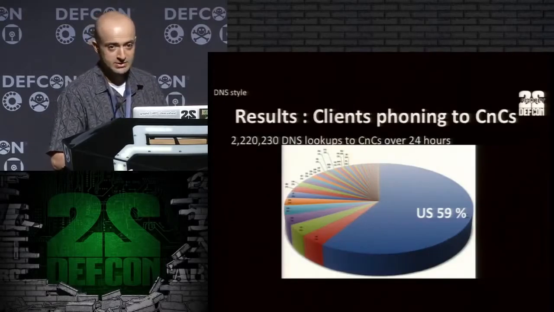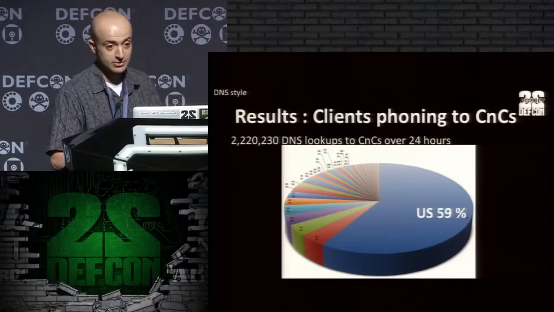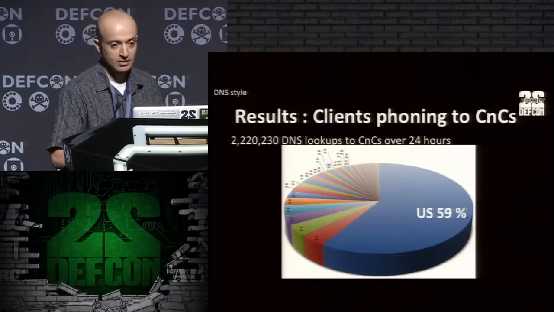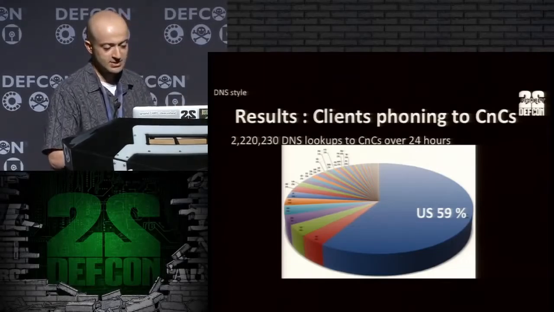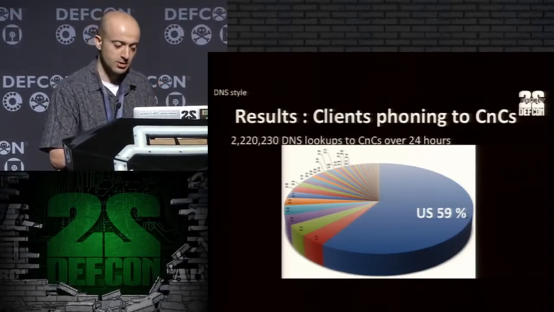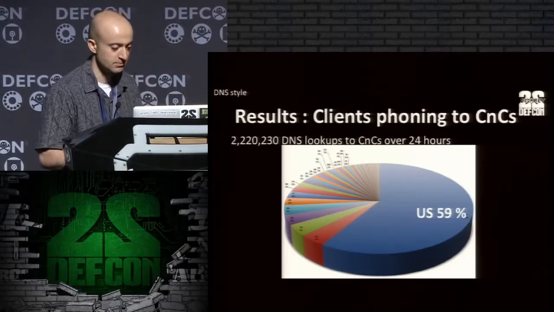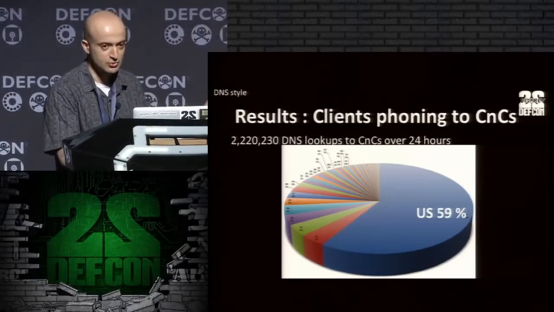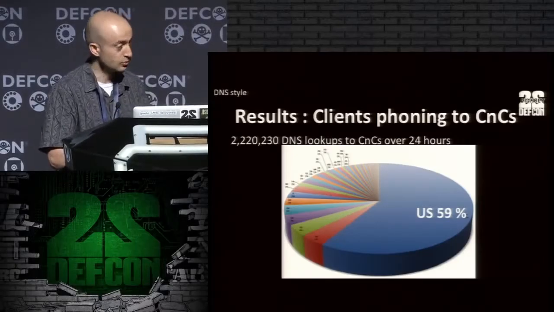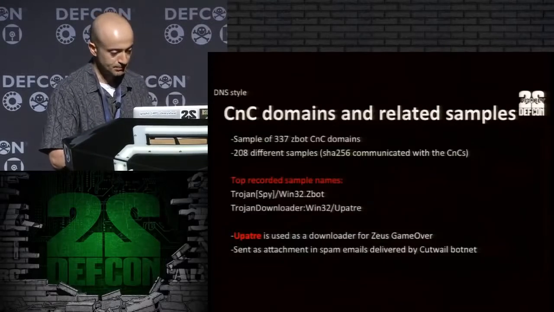However, if you look at the clients looking up these domains over 24 hours, you'll see they're mainly in the United States. Well, you could say that's because OpenDNS has mainly traffic in the United States, but also maybe because a lot of valuable information is in North American machines, mainly banking information. Because again, Zeus is a banking Trojan, so it would make sense.